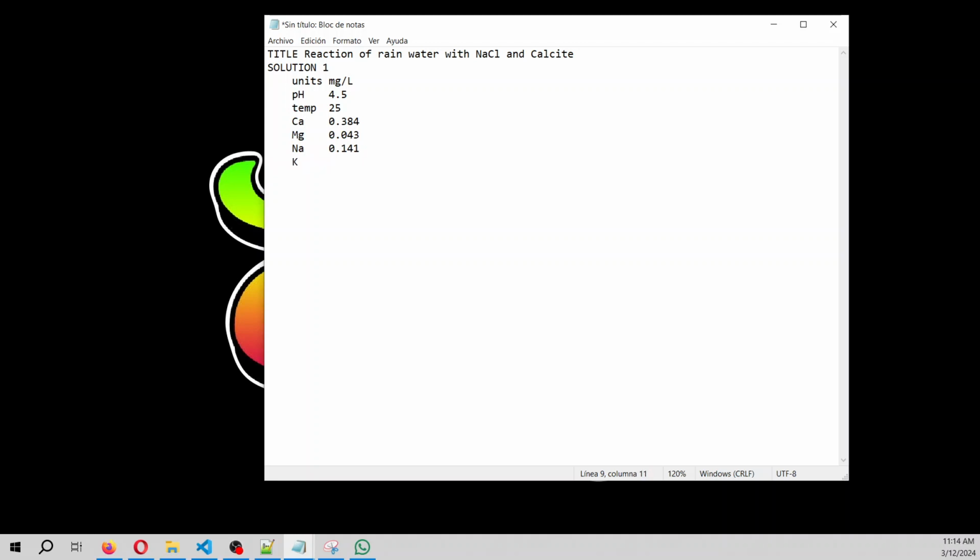Potassium is 0.036. Then we have chloride 0.236, and then we have carbon, and this is 0.1. I don't know if this notation means that it is in equilibrium with carbon dioxide.